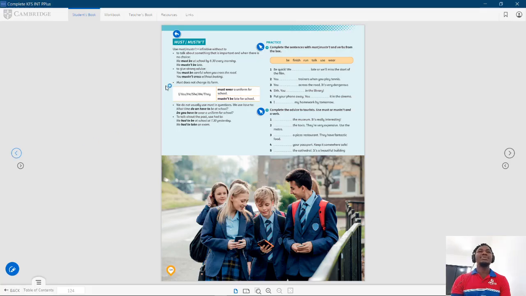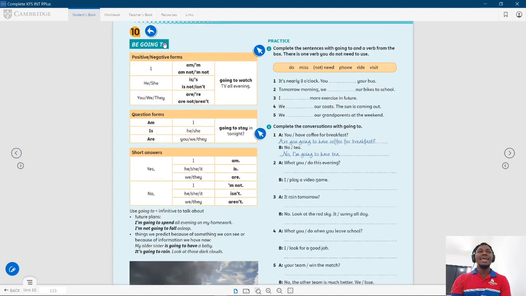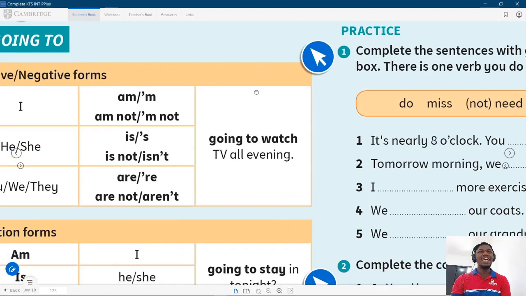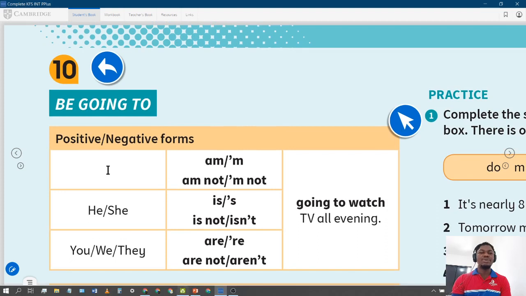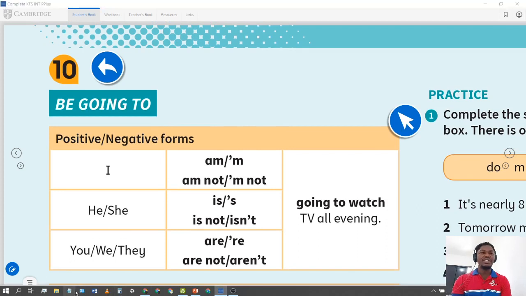All right, so guys, be going to. As you can see, it looks like present continuous. Remember present continuous? Let me have my text over here.